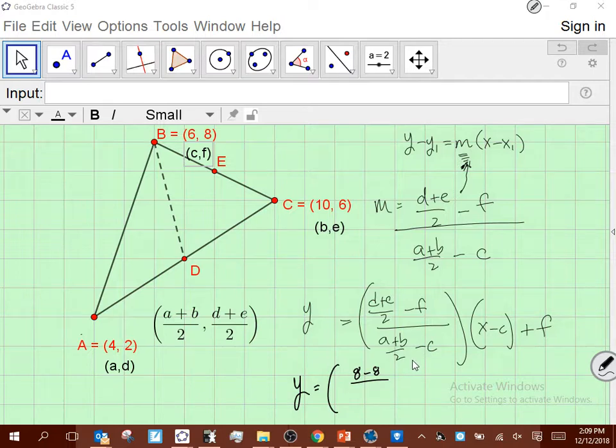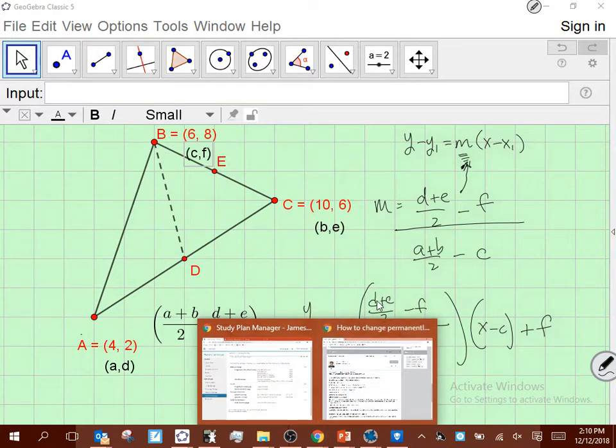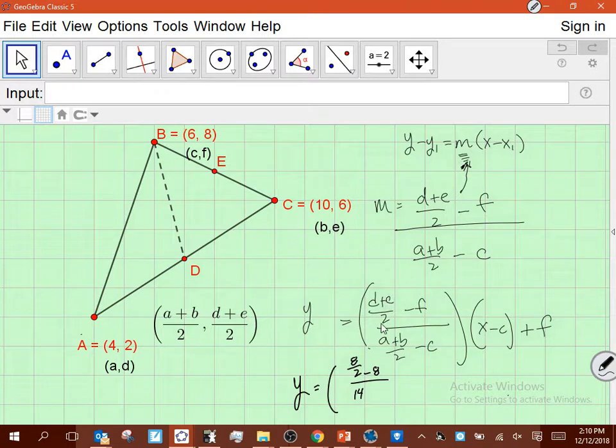All over A plus B. A was 4, B was 10, so 14. Oh, I didn't divide that by 2, did I? It's 8 over 2, sorry. D plus E is 8, 8 divided by 2 minus F of 8.